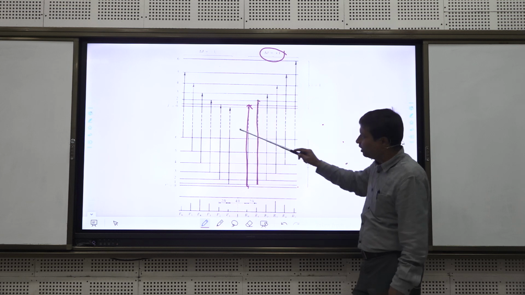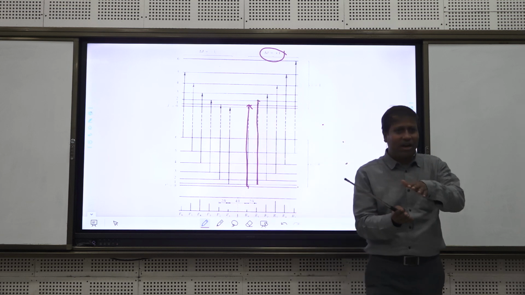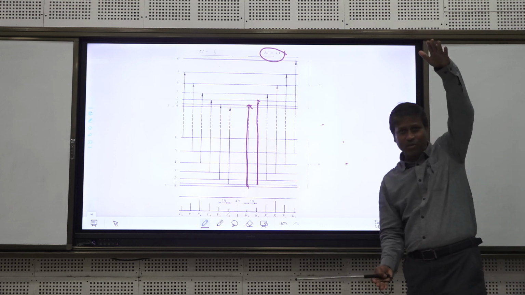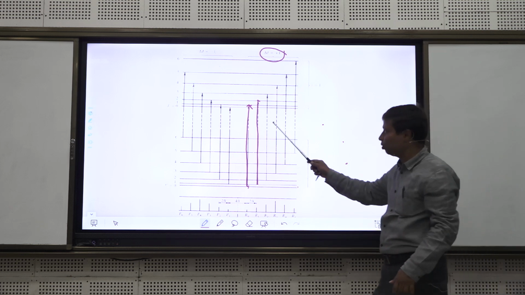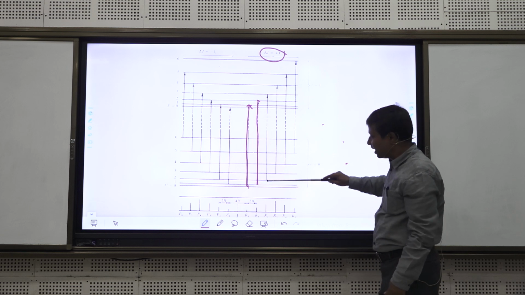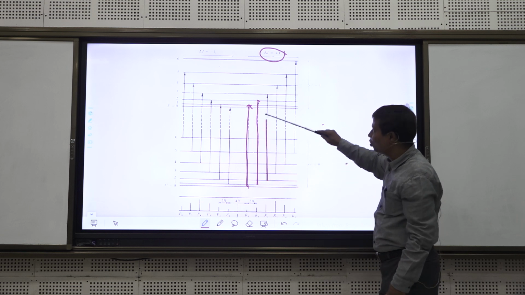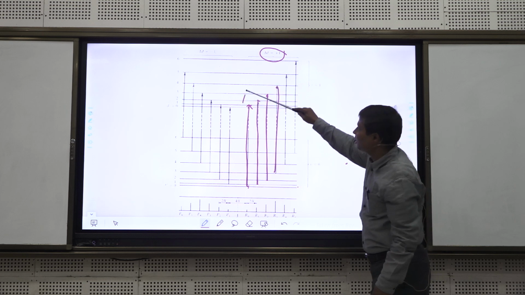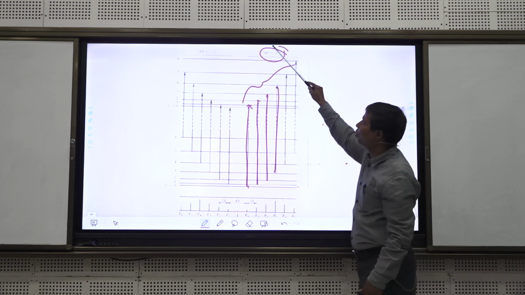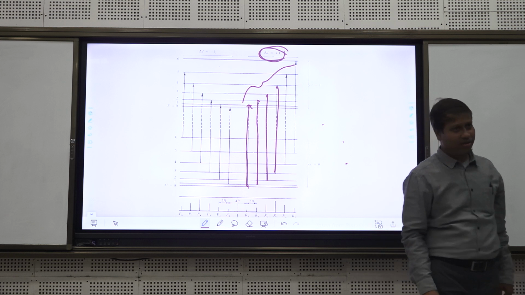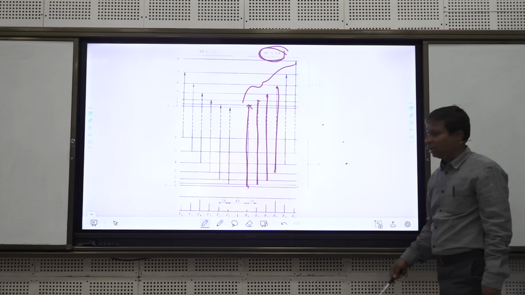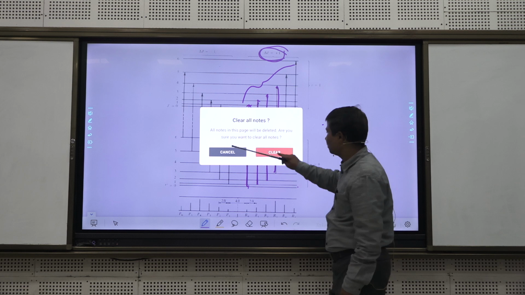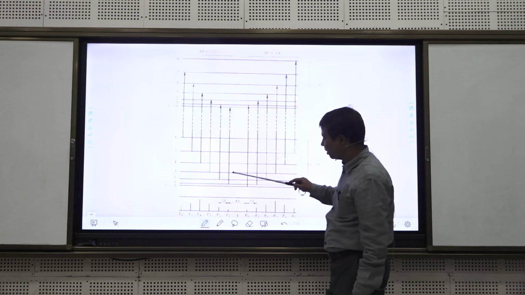This dotted line means it is not to scale. This can be this wide apart, or it can be small; that is why it is a dotted line. The next one is J equal to 2 to J equal to 3 and so on. These transitions follow delta J plus 1. What about this other one?